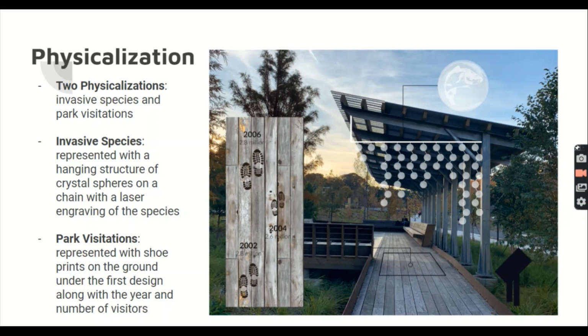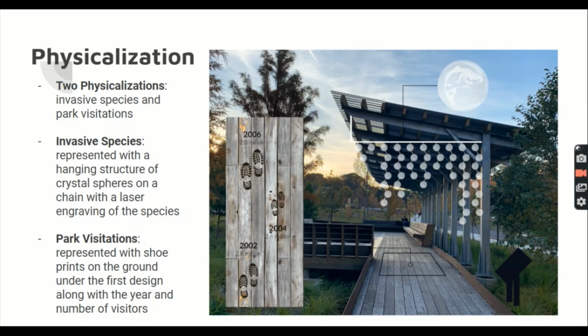For both visualizations, each one represents an even-numbered year between 2002 and 2020. There is also a sign towards the entrance of the pavilion that describes both visuals and gives more context to the data, including the impact of invasive species on the river.